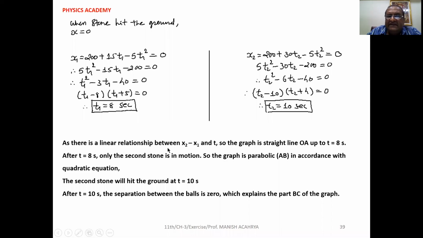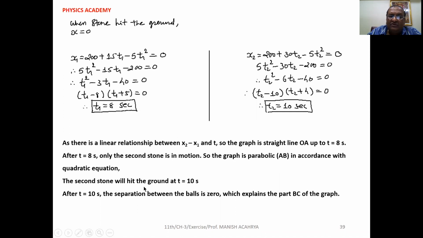As there is a linear relationship between x2 minus x1 and t, the graph is a straight line OA up to t equal to 8 seconds. After t equal to 8 seconds, only the second stone is in motion, so the graph is parabolic in accordance with the quadratic equation.